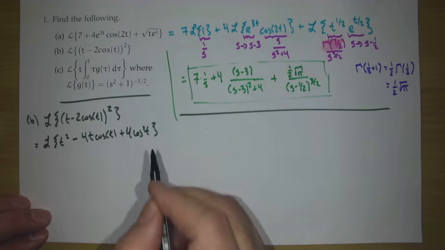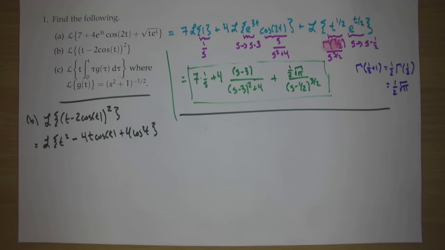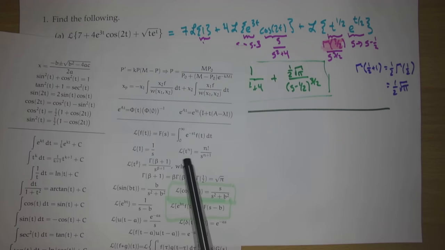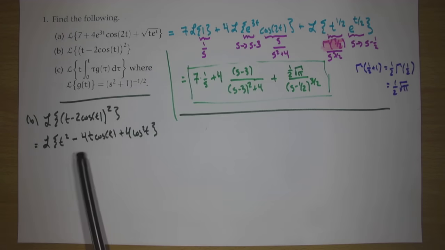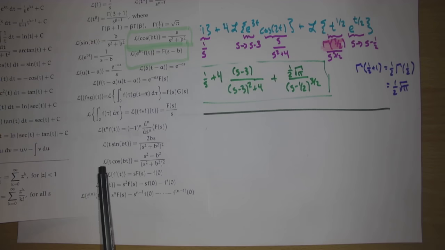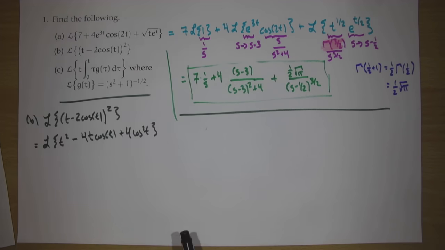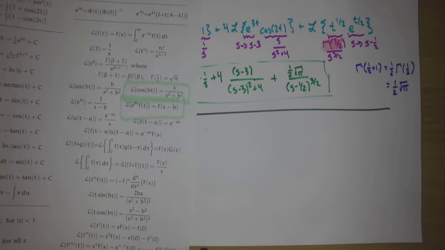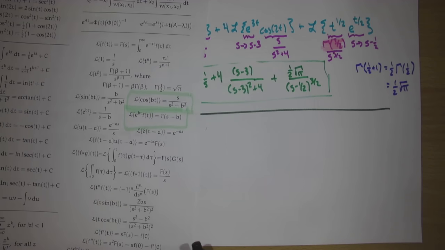All right, t squared, we can handle that. That's on our table, t to a whole number. t cosine t, can we handle that? Yeah, it's actually right on our table. Cosine squared t, can we handle that? Well, cosine, yes. Cosine squared, no.